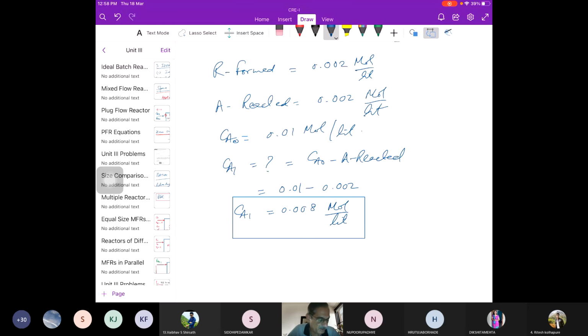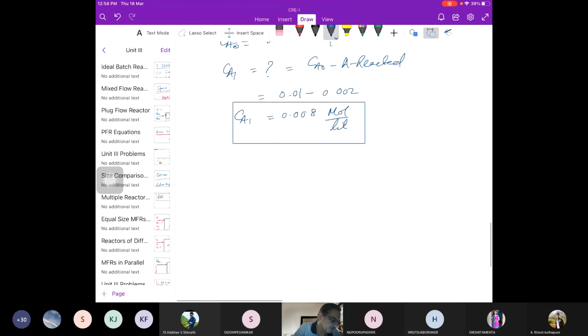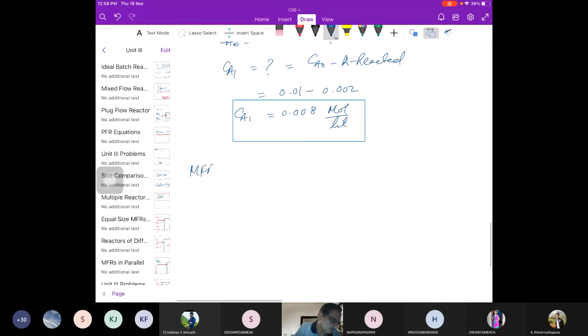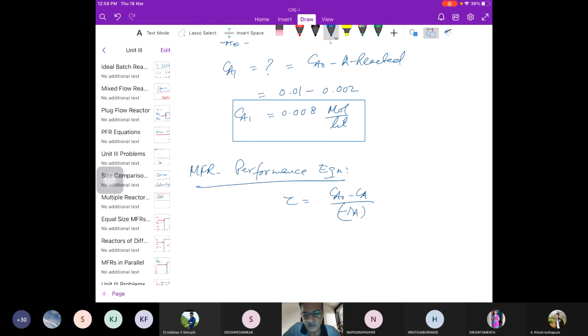मिक्स्ड फ्लो रिएक्टर का परफॉर्मेंस इक्वेशन लेके कर सकते हैं, बराबर? ठीक है, तो करो. Let's see who can do it.